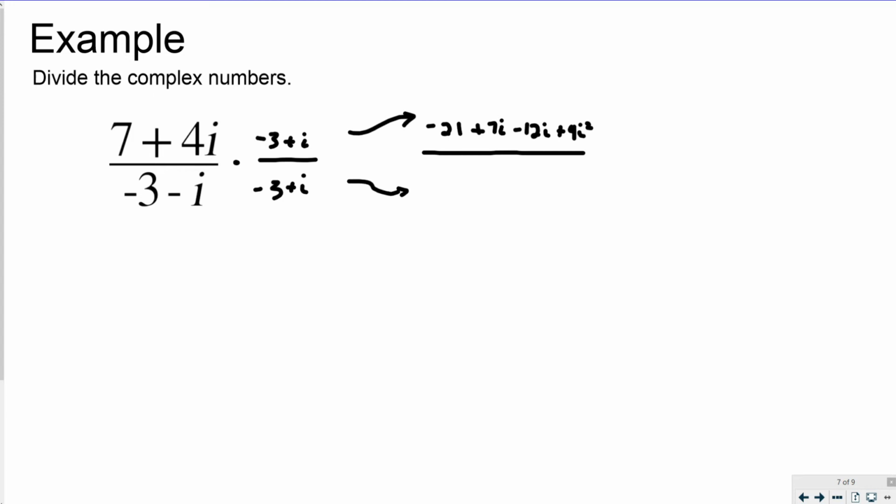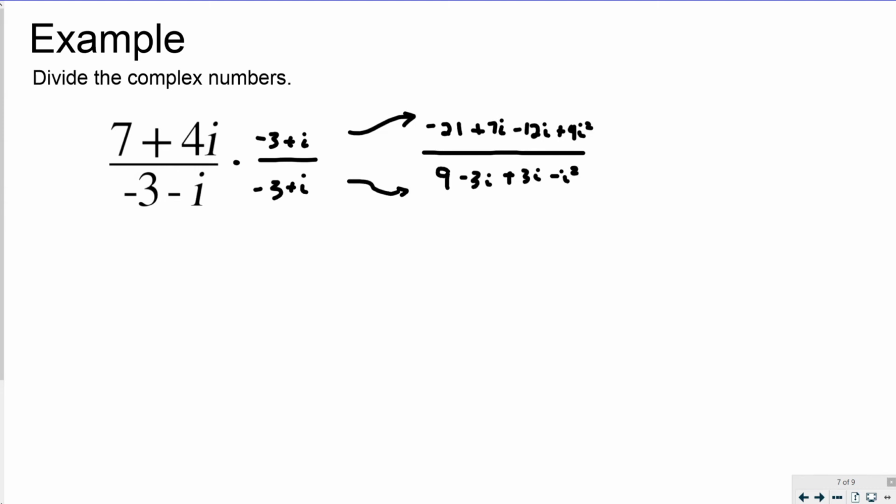The bottom, negative 3 times negative 3 is positive 9. Negative 3 times i is negative 3i. Negative i times negative 3 is positive 3i. And negative i times i is negative i squared. Yep, I wrote a positive. It is negative i squared.